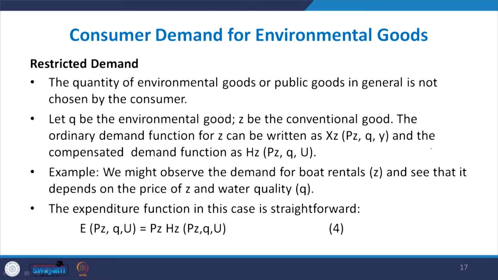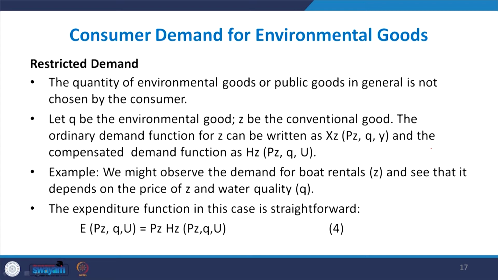The ordinary demand function for Z can be written as XZ(PZ, Q, Y). The basic difference here is that now we are not taking PQ. Earlier, in the conventional goods case, we were taking PQ, but here the price of Q is not determined, so we are taking quantity. Q here is the quantity or quality of the environmental product, and Y is income.